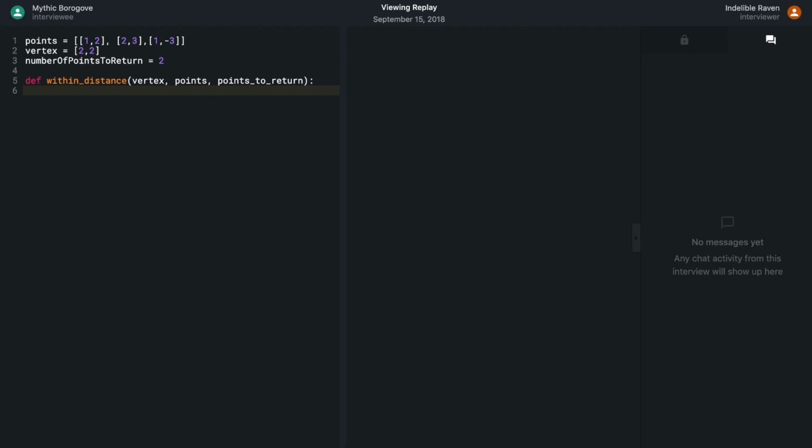As far as reducing the amount of work we do, maybe there's a way to not consider certain points if our point list was sorted. Is that something we can assume, or do the points just come in random order? It's random order.